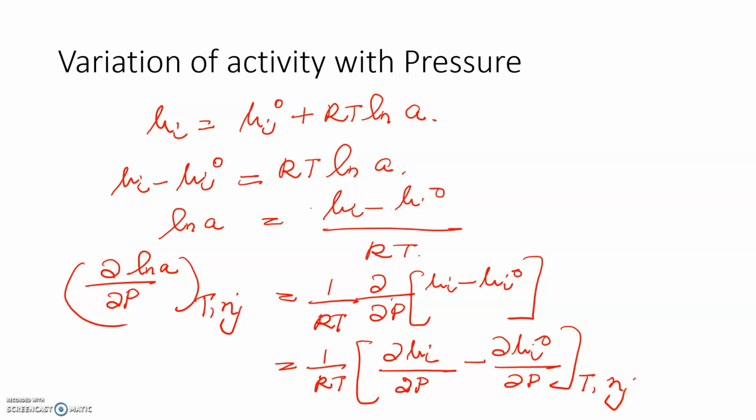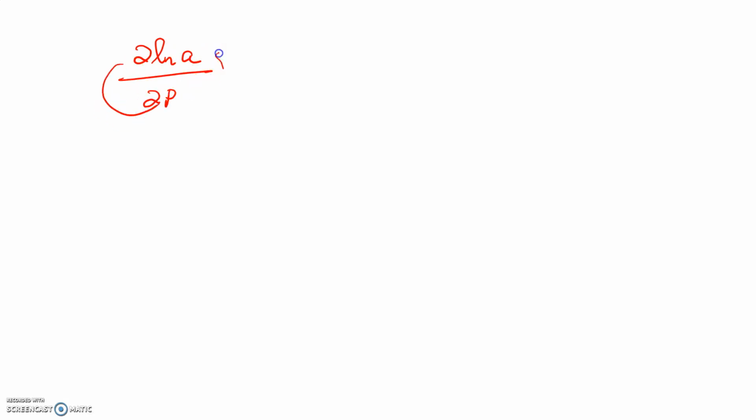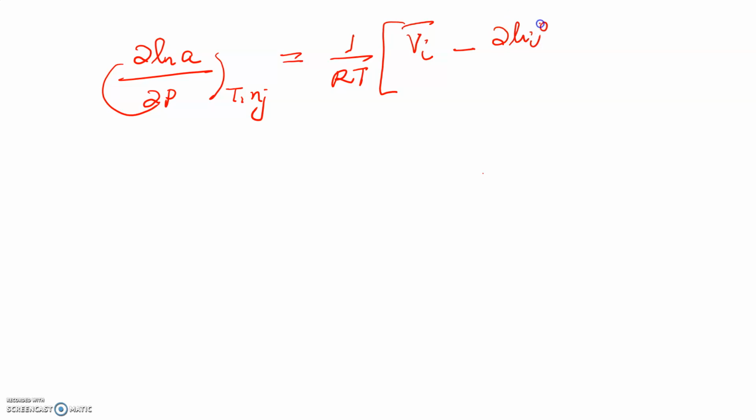What is ∂μ_i/∂P at constant temperature and N_j? We have already derived it as equal to partial molar volume. Hence, this equation now becomes ∂ln a/∂P at constant temperature and N_j as equal to 1/RT into (V̄_i minus ∂μ_i⁰/∂P).